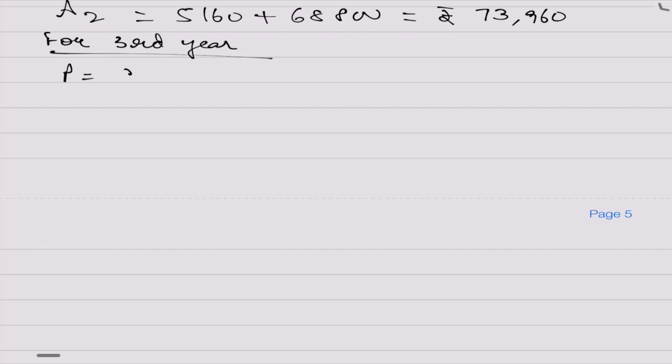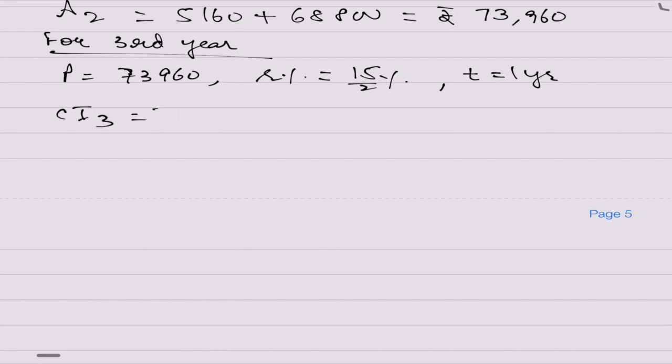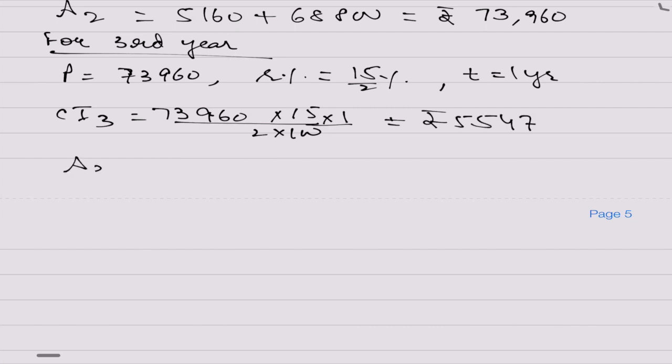In the same way we'll calculate it for the third year. Amount of the second year will become the principal for the third year. Rate and time will remain same as the previous steps. So compound interest for the third year is 5,547. So amount of the third year is 79,507.